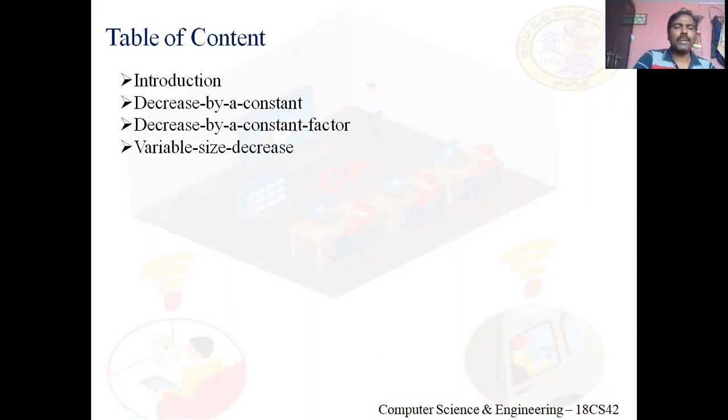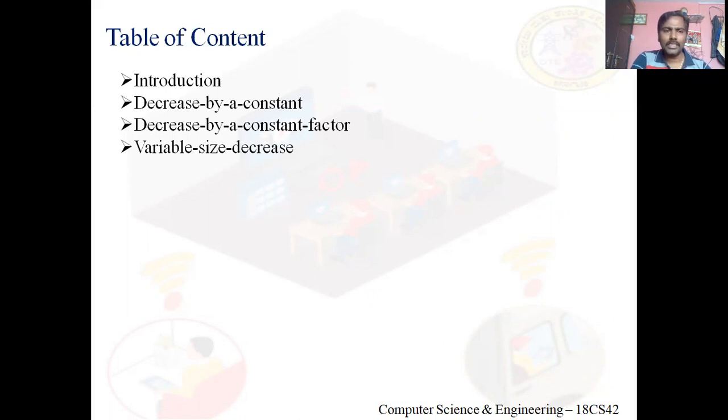Next, I'll give you a good example to demonstrate variable size decrease. It means the size of the instance, which is nothing but the size of the problem, gets decreased variably from stage to stage.